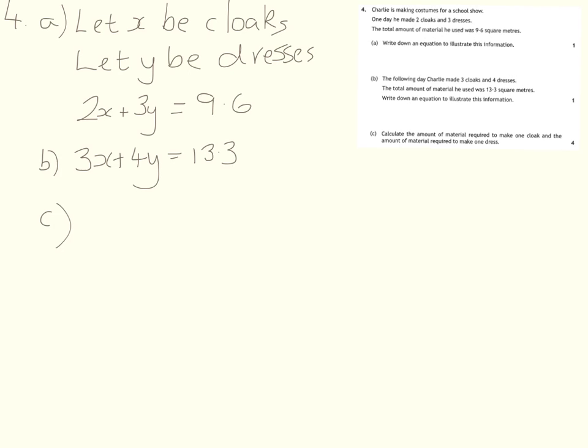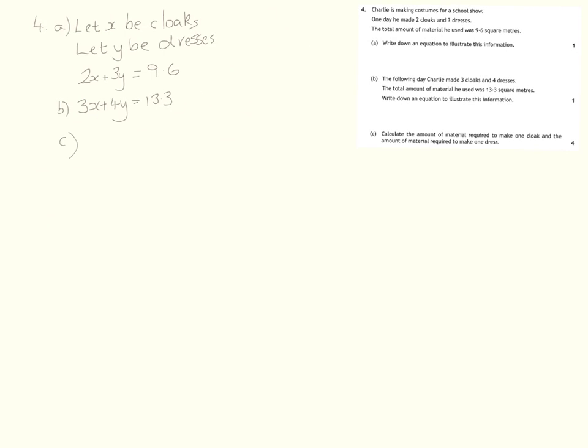Okay, so let's have a look at this. To start off with, I'm just going to make everything at the top a little bit smaller. So we've got 2x plus 3y equals 9.6, and we've got 3x plus 4y equals 13.3. I'm going to call this equation 1. I'm going to call this equation 2.